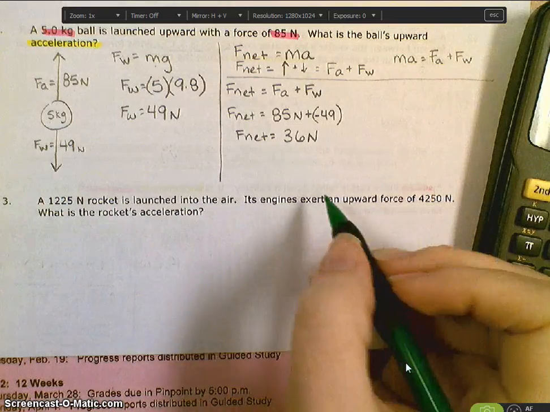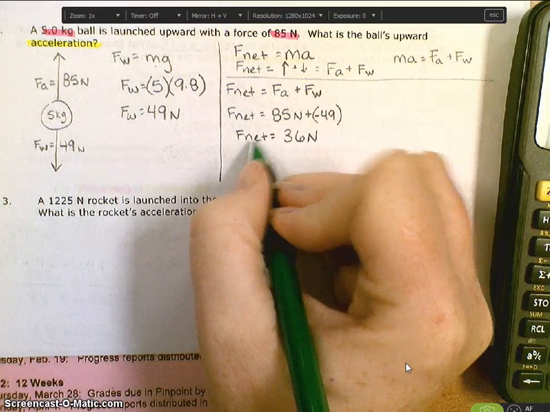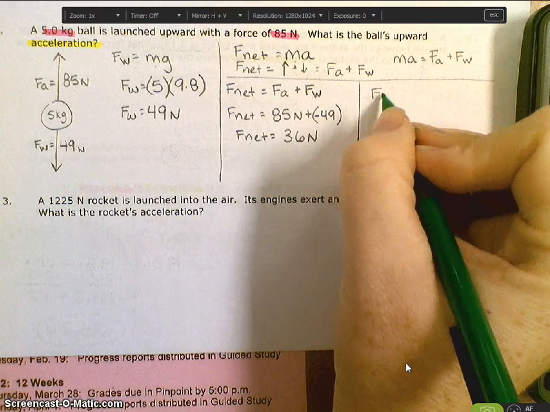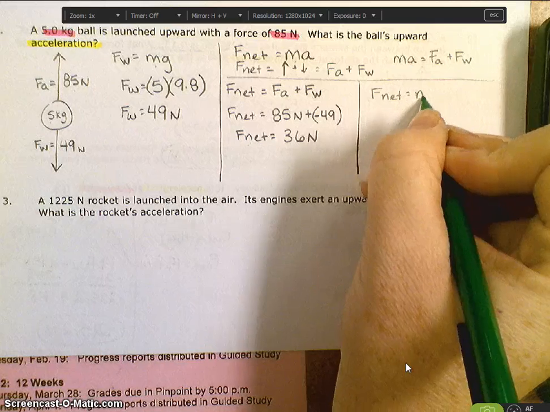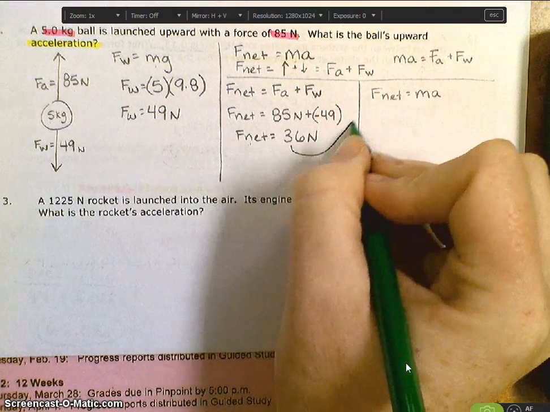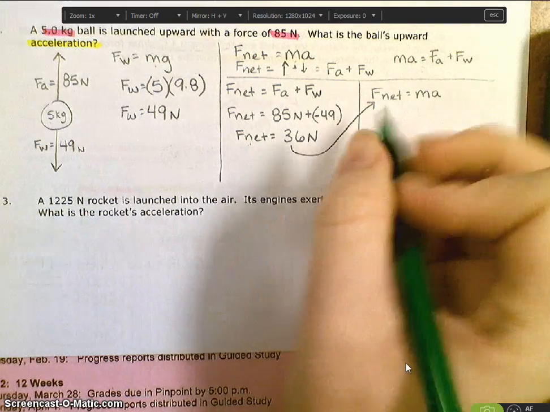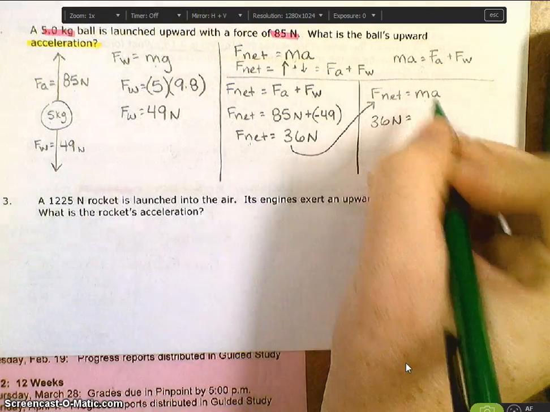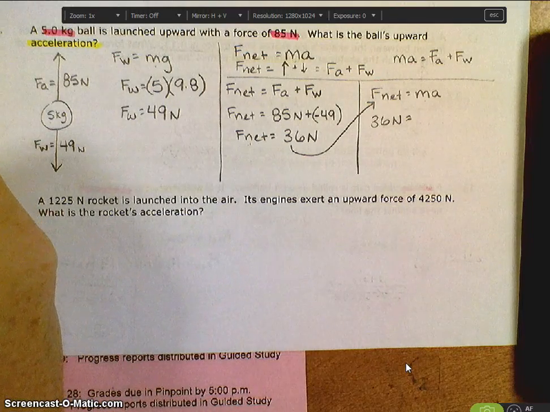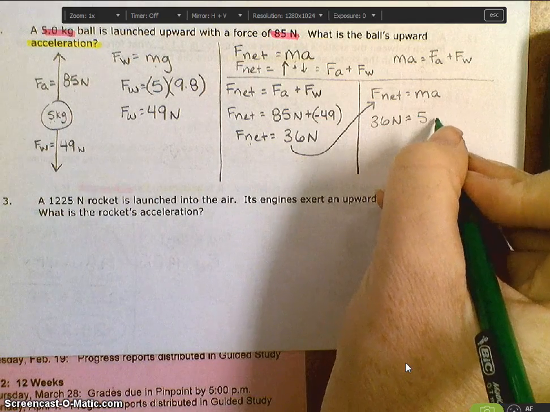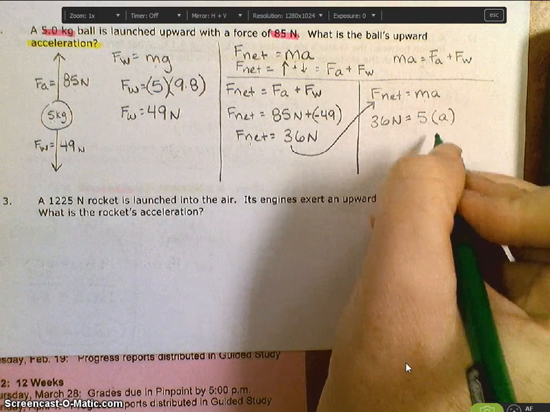Now I'm going to take that F-net and plug it in to mass times acceleration. So I rewrite that so that you can see the equation. F net goes right up here. 36 newtons equals MA. Well, I have to look for that M again. It's right here. 5 times acceleration.